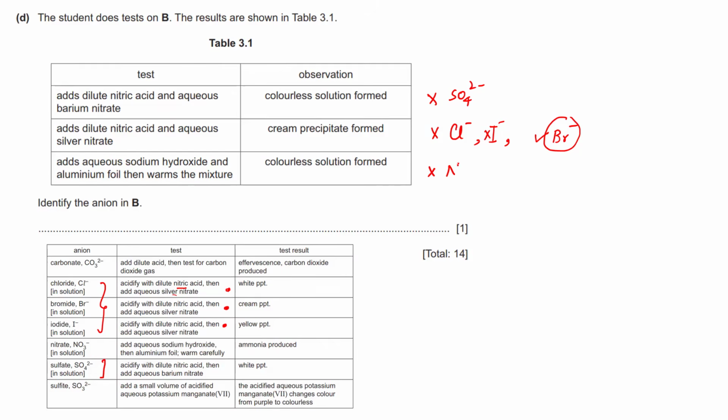So it means there are no nitrate ions, NO3 negative, as well. It says identify the anion. The anion is Br negative, bromide ions are there. Okay, so this is our answer for this question.